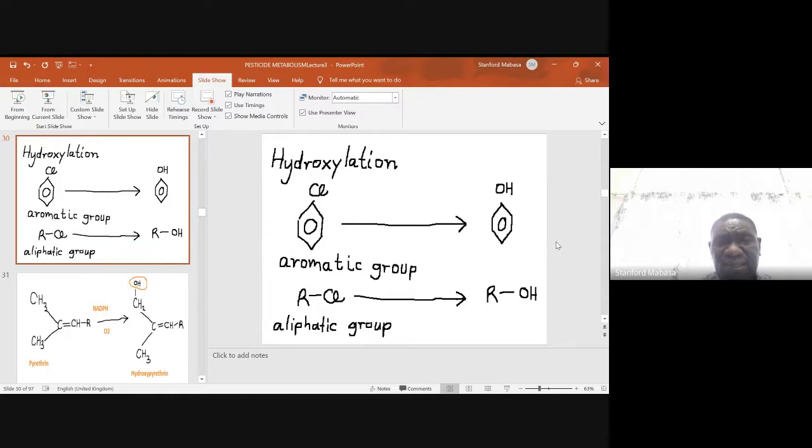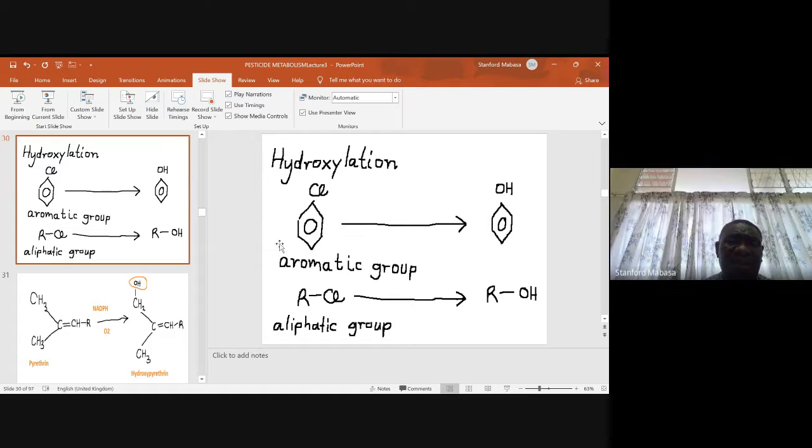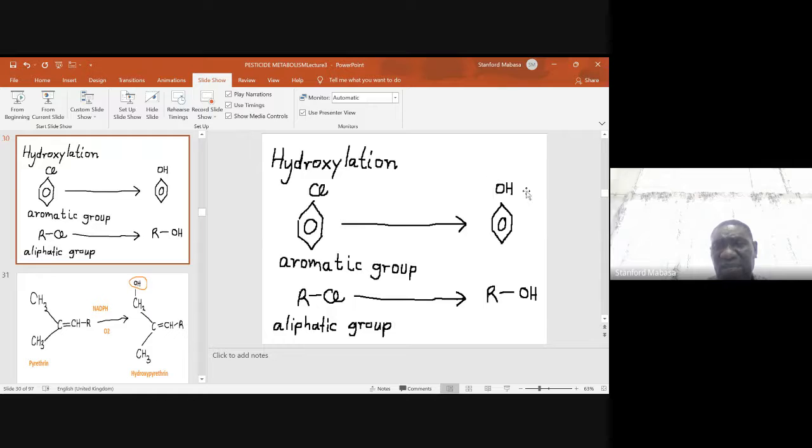So let us examine hydroxylation, what is actually happening. You could have a pesticide carrying a chlorine atom. This is substituted by an OH group or hydroxyl group under the influence of cytochrome P450, and this whole process becomes hydroxylation.